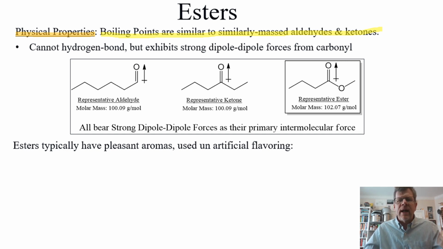So esters have strong dipole-dipole forces similar to, or identical to, those that we saw in representative ketones or representative aldehydes. Thus, we can say that the boiling points of esters are similar to those of aldehydes and ketones of similar mass, because we have our similar predominant intermolecular force of strong dipole-dipole forces.